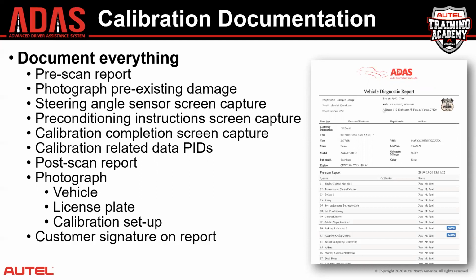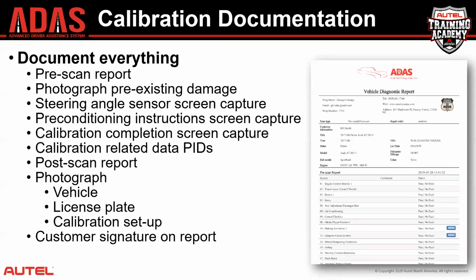It won't be left up to your word against theirs. You'll have the pre-scan report that shows exactly any faults that were on the vehicle when it came in. It's really important to perform a pre-scan report before you start working on the car, because the indication is this is how the vehicle was delivered to you.